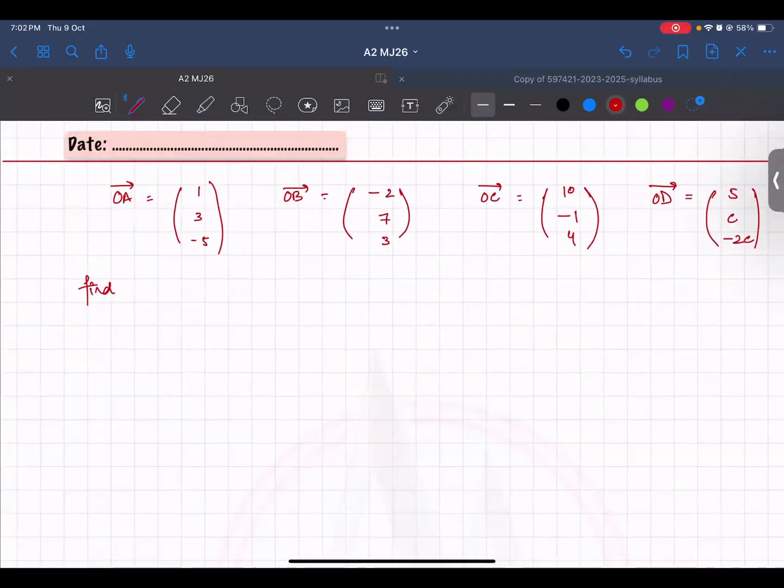Okay, so these are a few vectors given, and they're asking you to find, let's suppose, AB, or find CB, or find DE such that it is AB plus CB.